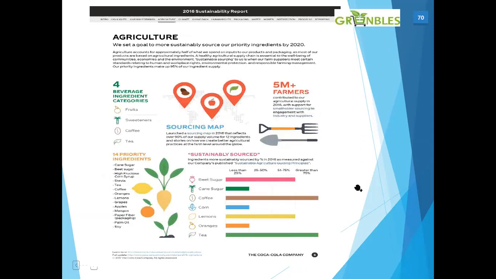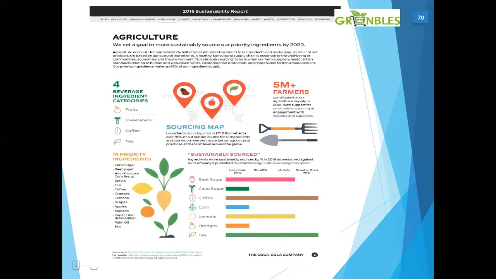Now this is with all what we've been discussing so far. I just wanted to show you a company and how they have been able to focus on their primary raw materials and how they've been able to engage some farmers for traceability.